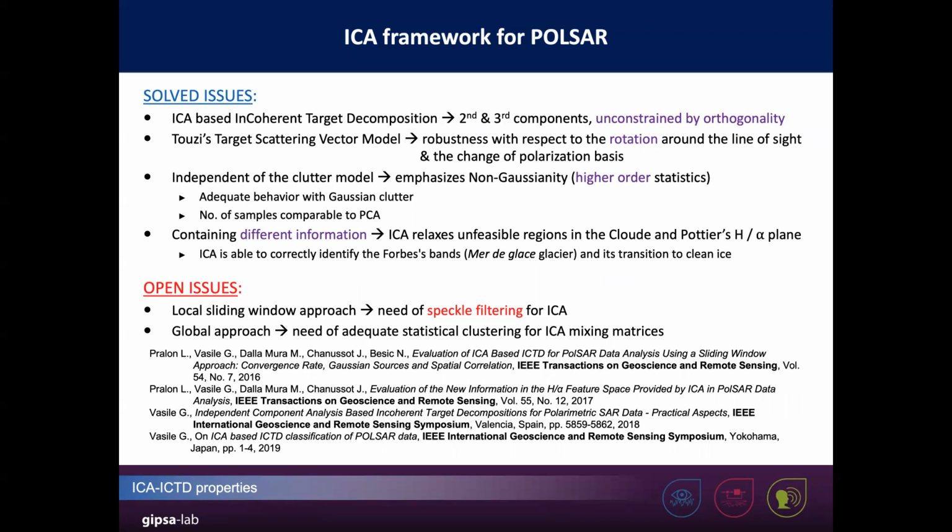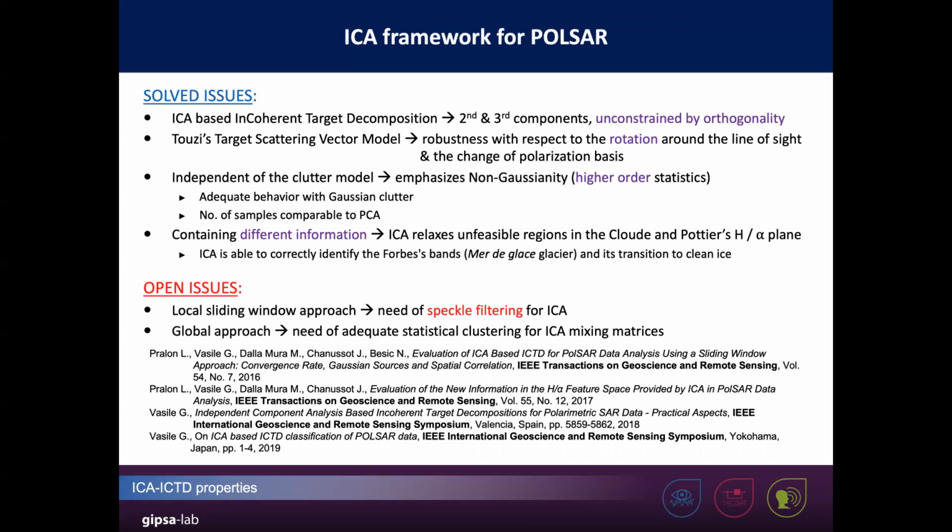After deriving the mixing matrix and the backscattering mechanisms, we can apply the 2Z target scattering vector model in order to achieve robustness with respect to the rotation around the line of sight and any change of polarization basis. When deriving the ICA-based mixing matrix, we do not assume an independent clutter model.